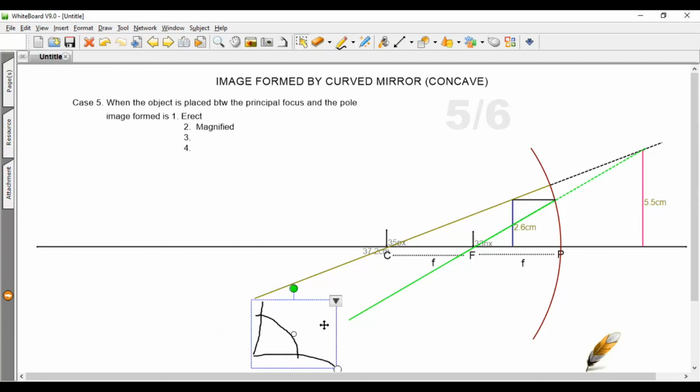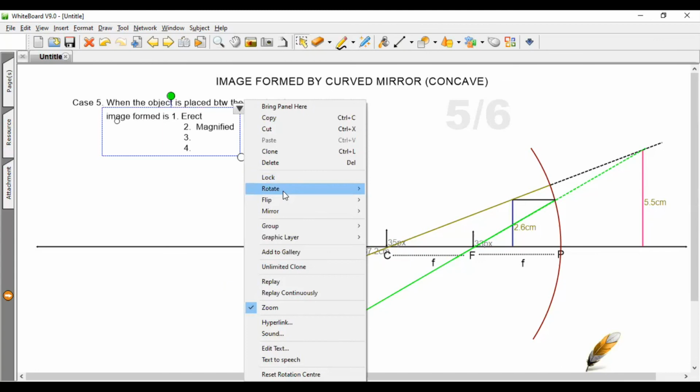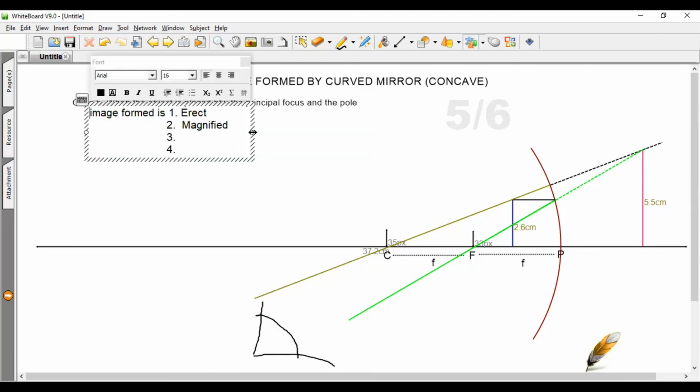Now, this observer will be looking at the image inside the mirror as if it's forming behind the screen, just like we have in our plane mirror. Can you remember? So in this case, this will be what? This will be virtual.